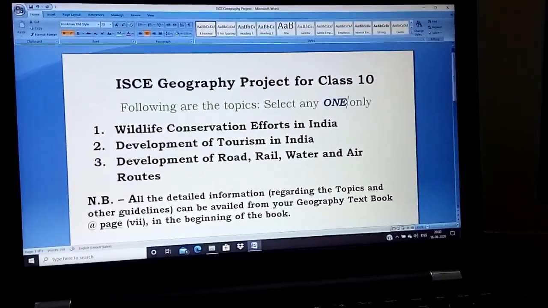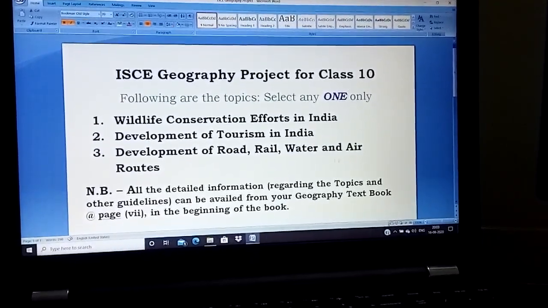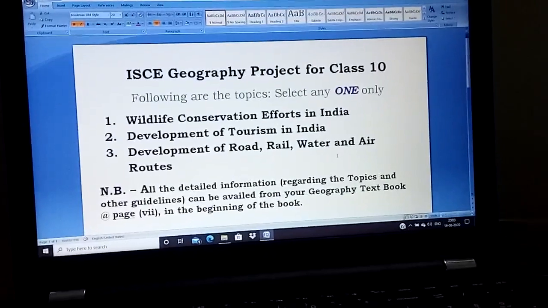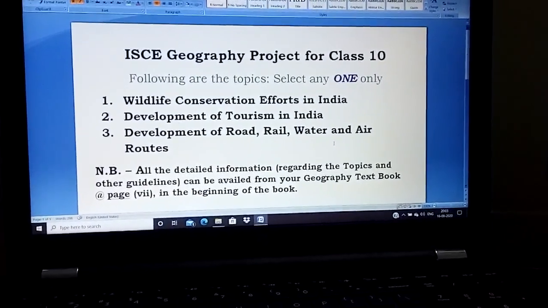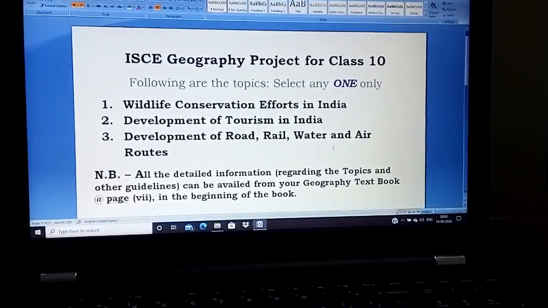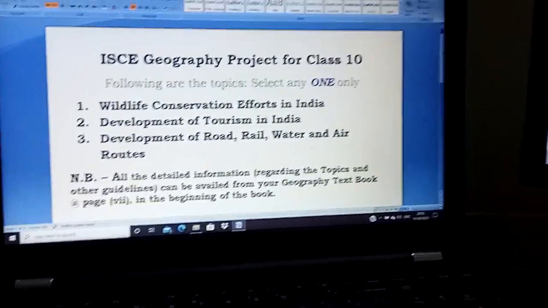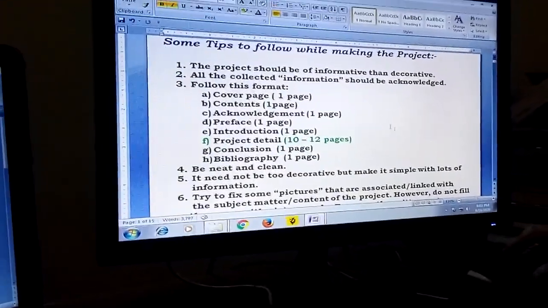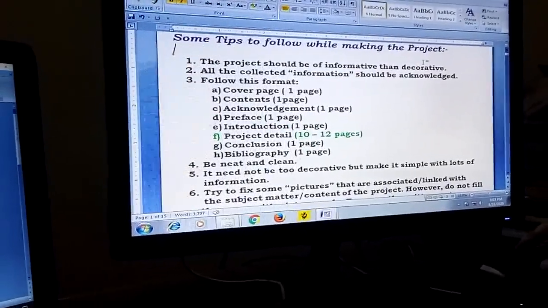Now all these details, information regarding these topics and other guidelines can be availed from the geography textbook itself, at page number 7 in the beginning of the book. Now, obviously, you should follow some tips while making the project.